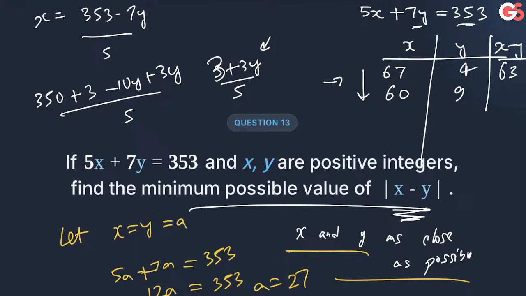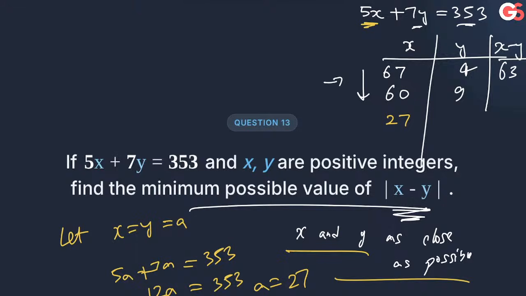So let's see, if I put 27 in the place of x, is it satisfying or not? So 5 into 27 is how much? 135. Do you understand that? I put x as 27. Is that clear?